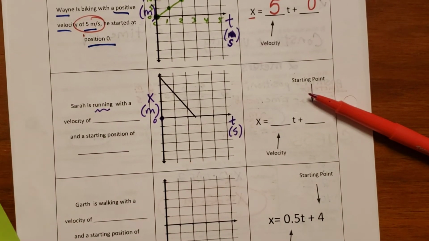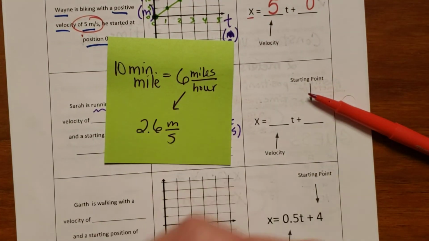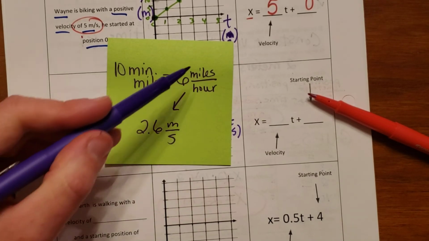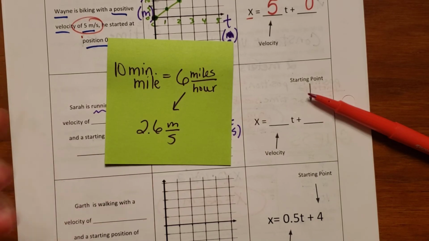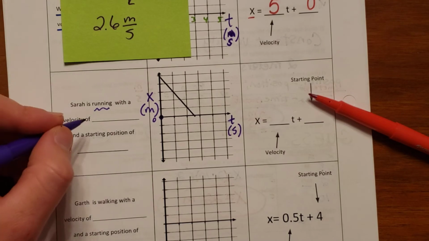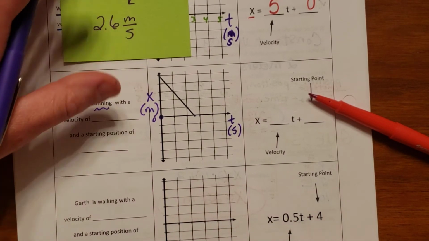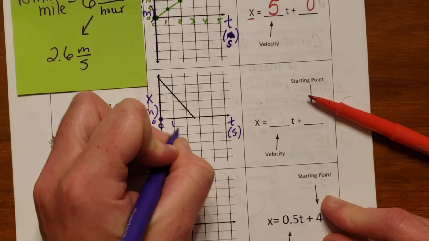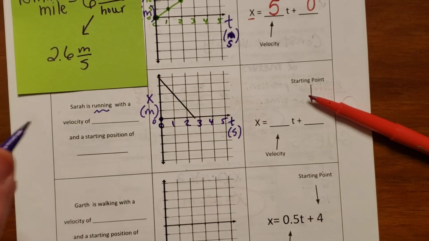Now I did a quick little bit of research, and I found that if you want to get a 10-minute mile, you have to average 6 miles per hour, which can turn into 2.6 meters per second. So just to keep our numbers legit here with Sarah, if she needs to run like a 2.6 meters per second, I'm still going to do 0, 1, 2, 3, 4, and 5.